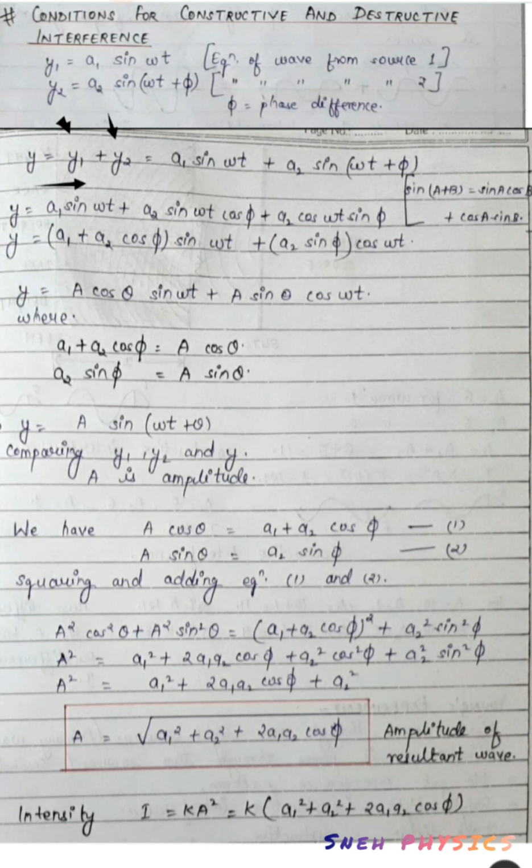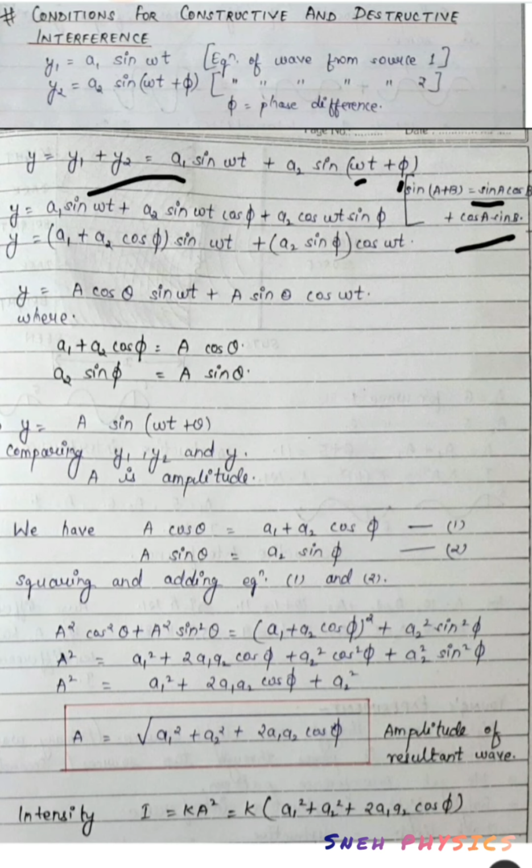So we'll simply put the values here: y1 is a1 sine omega t, plus y2, a2 sine omega t plus phi. Here we can apply the sine a plus b formula, sine a plus b is sine a cos b plus cos a sine b, where a is omega t and phi is b.